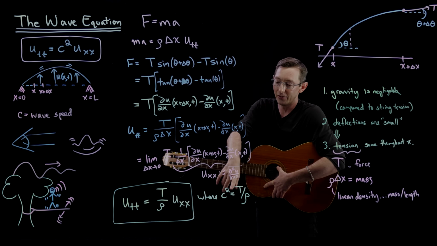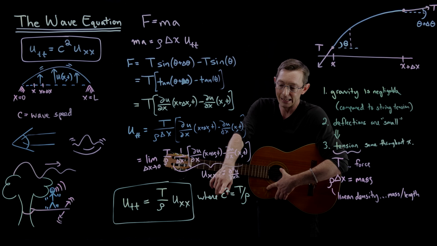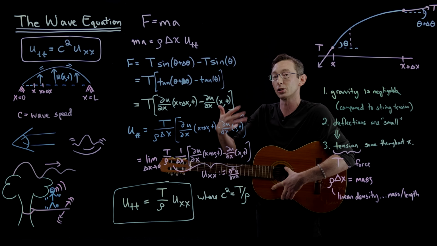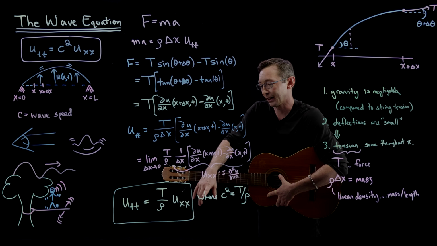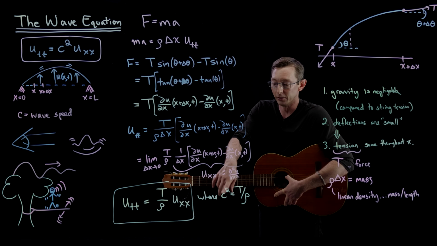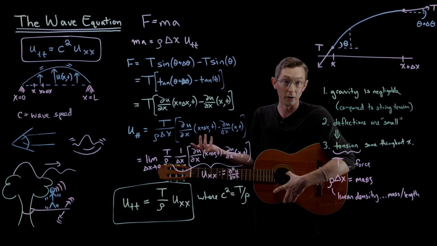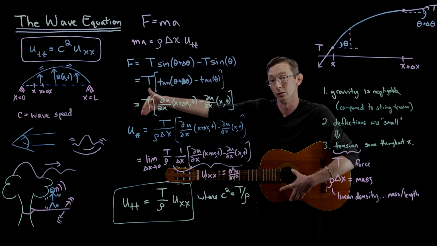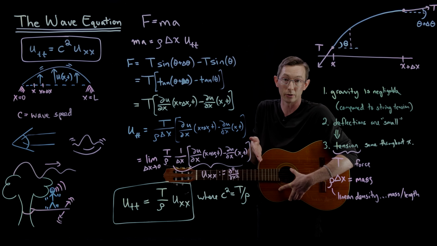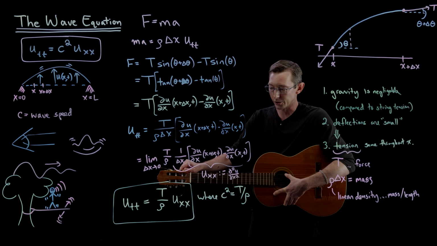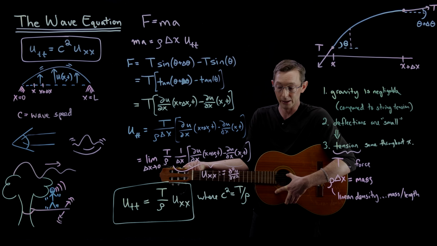As the speed of information travels through this guitar string, I'm going to show you that the vibrational frequency also depends on this C quantity. It also depends on the length, which is why a longer string would have a lower frequency and a shorter string a higher frequency. Okay, good. So increasing the tension makes it a higher pitch.